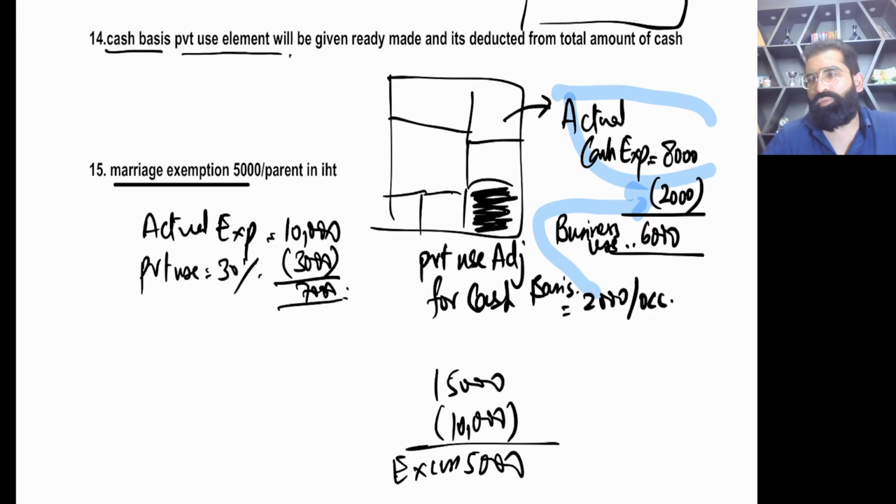So be careful with this as well. But yes, if it is received from a single parent, like they are saying received from mom, then only 5,000, or received from dad, only 5,000, right? Be careful. Otherwise, in reality, the limit is 5,000 per parent.